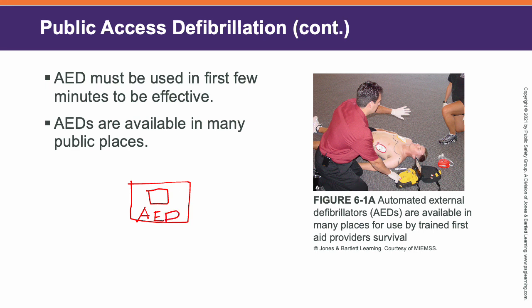If you've ever been on campus, there's actually one right outside the main gym in the activity center, the HAC. In many public places, you'll find those on the wall, and they are unlocked and accessible so that you can use them.